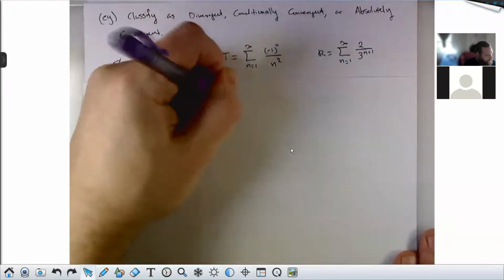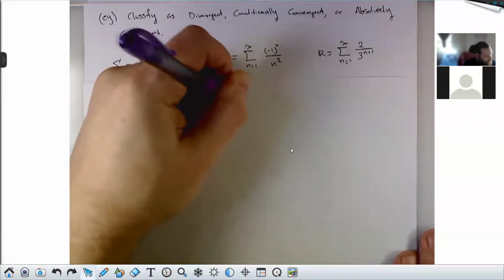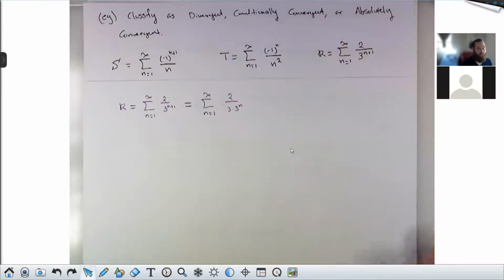That's 2 over 3 times 3 to the n, right? 3 to the n plus 1 is 3 to the n times 3 to the 1.